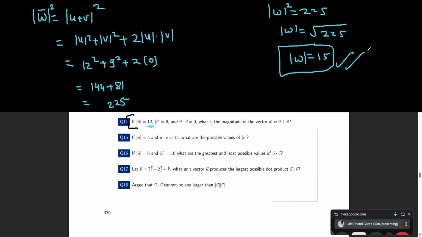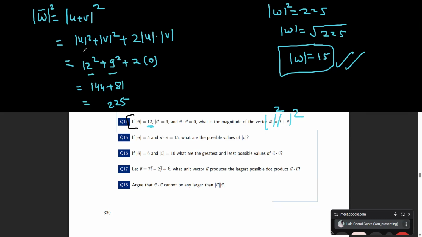But I'm not sure I understand what it means, the addition of two vectors. See, you want the magnitude of w, right? First I take mod on both sides, then we do square on both sides, and you apply a plus b whole square, a square plus b square plus 2ab.